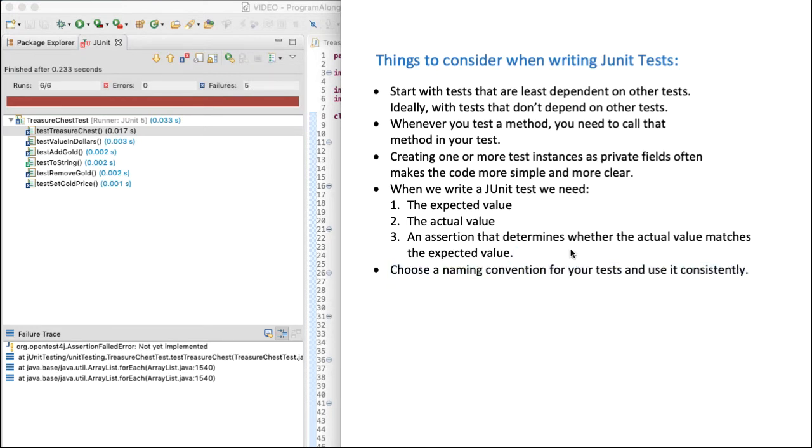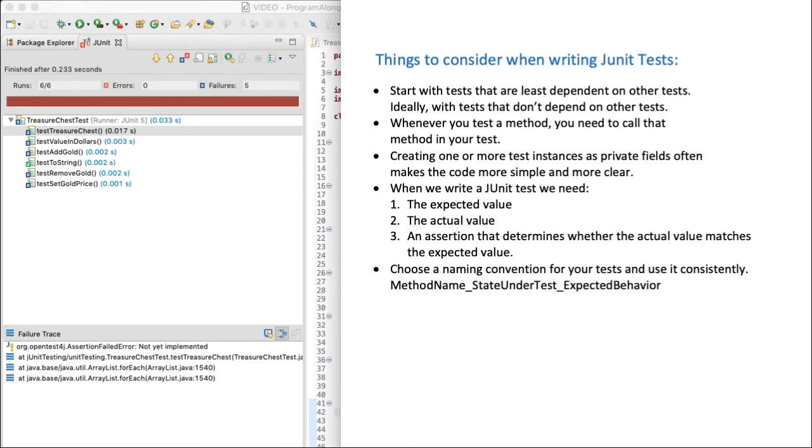There is one more thing I would like to add. We should choose a naming convention for our tests and use it consistently. There are a number of frequently used naming conventions. In this video, I'm going to use the following. We are going to use the method name and underscore, then the state under test and underscore, and the expected behavior. Let's see how this applies to our toString method.